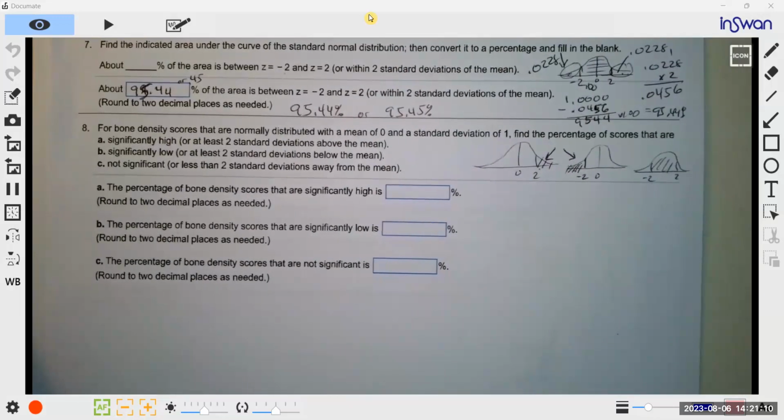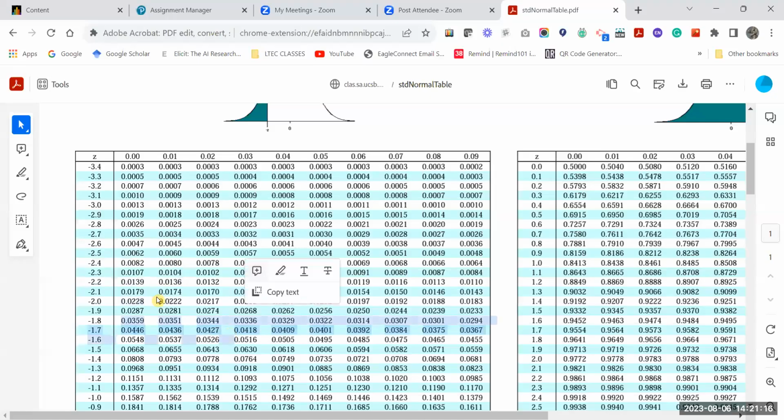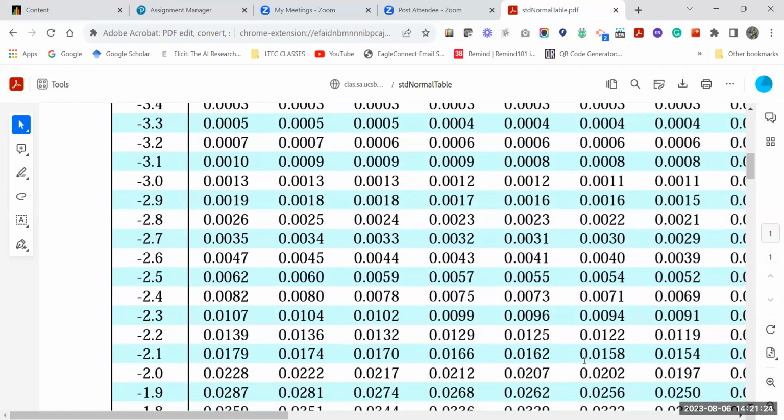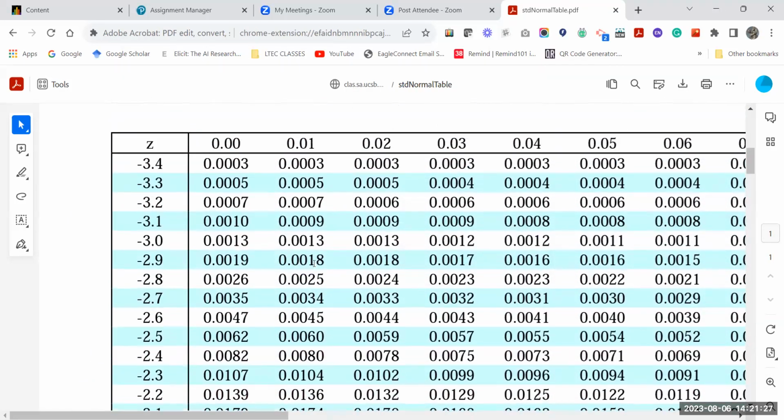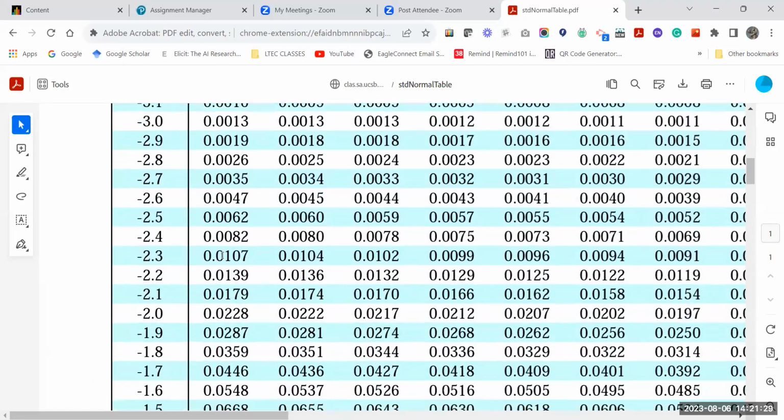So we're looking at our chart. We want 2.00, which is that number right there. The second digit is 0. 2.00 is that one: 0.0228.